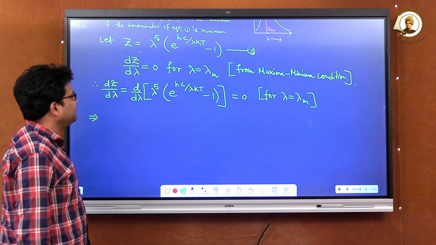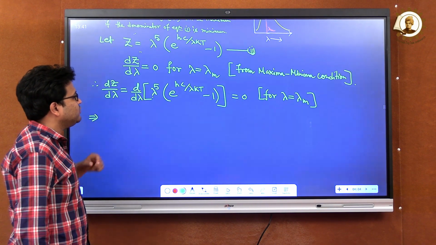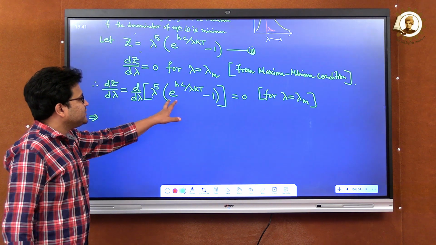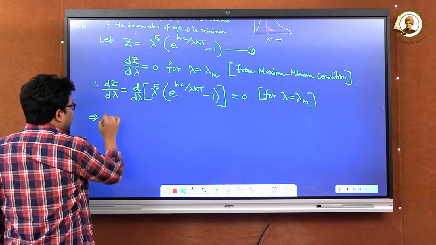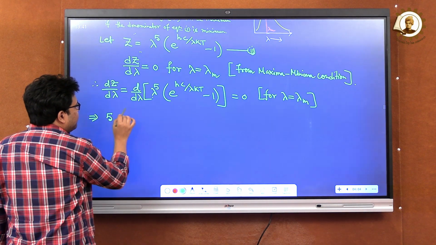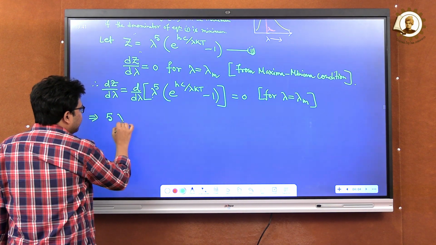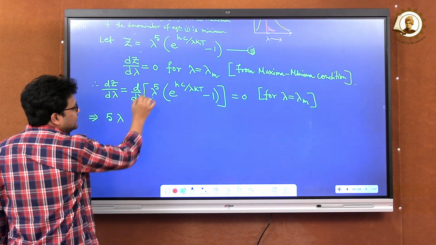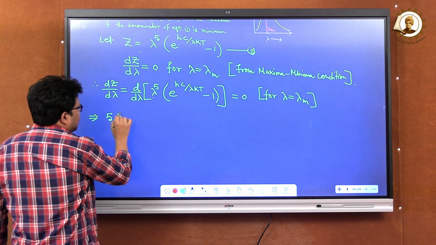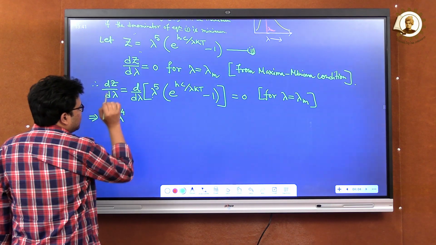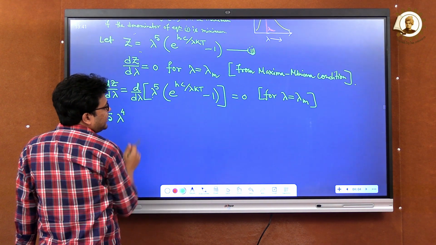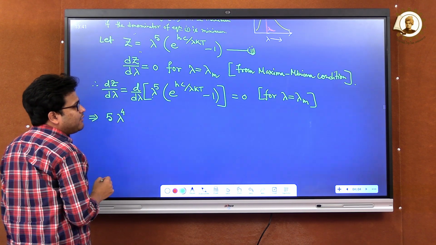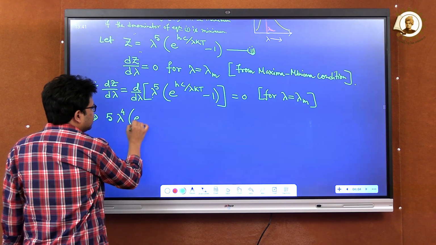First of all, we differentiate lambda to the power 5 while keeping the term in the first bracket constant. The power comes outside and is decreased by 1 unit, so 5 minus 1 means 4, keeping the quantity e to the power hc by lambda kT minus 1 constant.